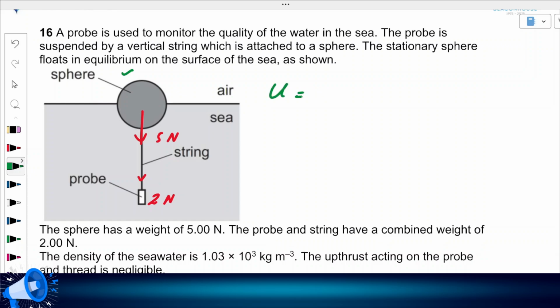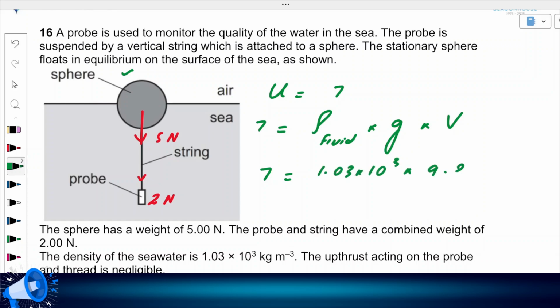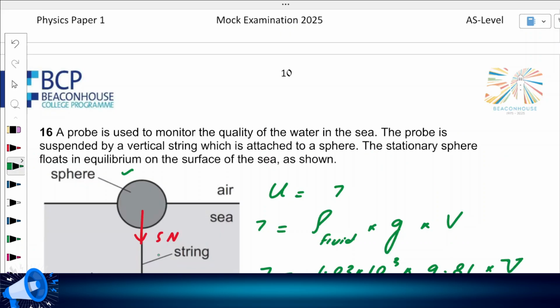The upward force is upthrust and the downward force is 7. So 7 equals, what is the formula of upthrust? Rho, density of fluid, times g times the volume of the object. So 7 equals, what is the density of the fluid? 1.03 into 10 to the power 3. The value of g is 9.81, and v would be there as it is.